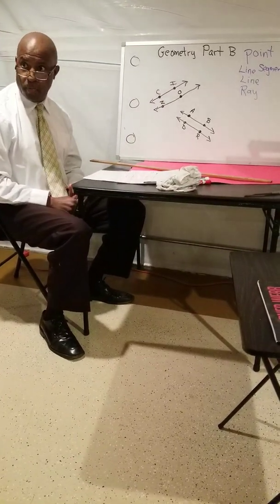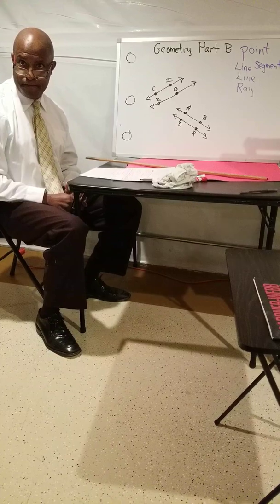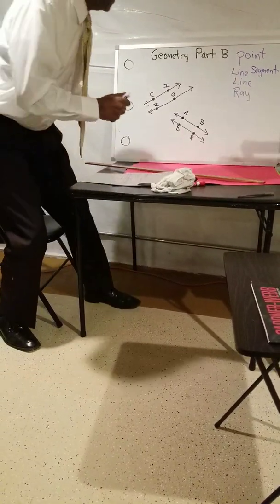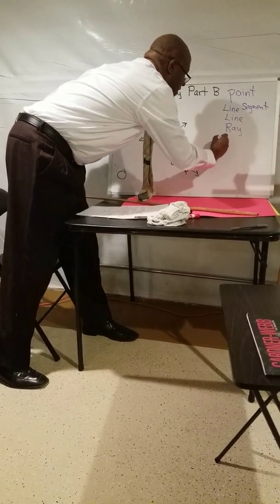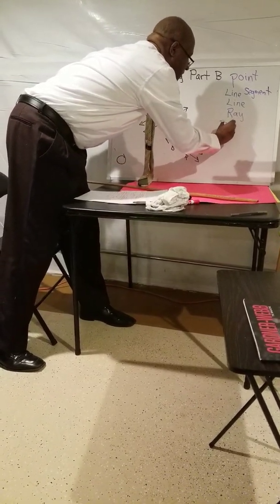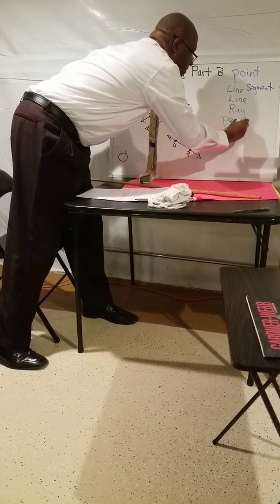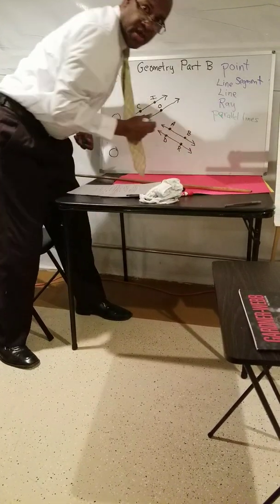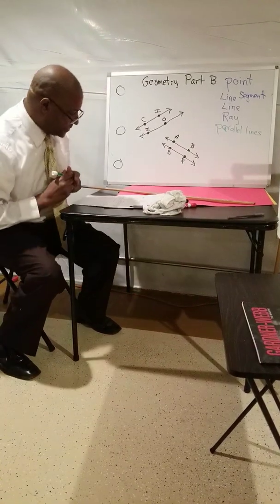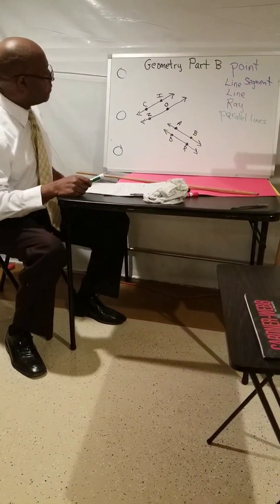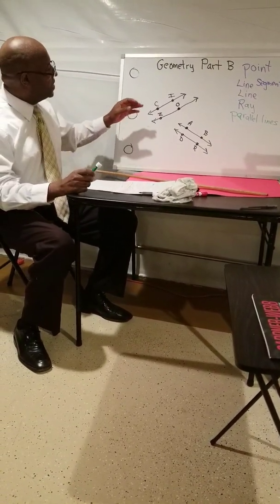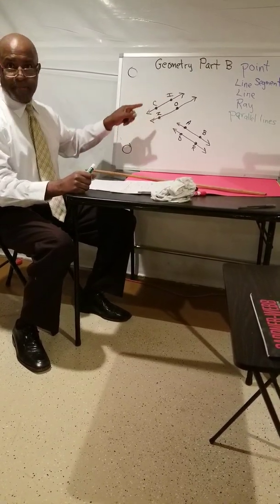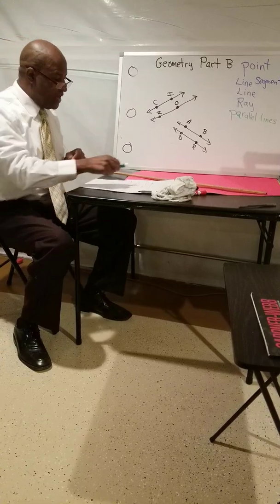What do you think that's called, boys and girls? Very good. I heard somebody say it. These are parallel lines. That's another vocabulary word. The 2 lines are going in both directions, noted by the arrows, and they're spaced evenly apart.